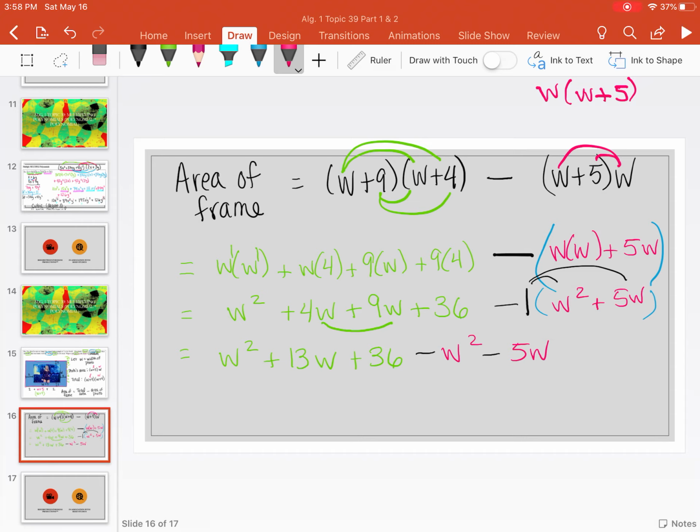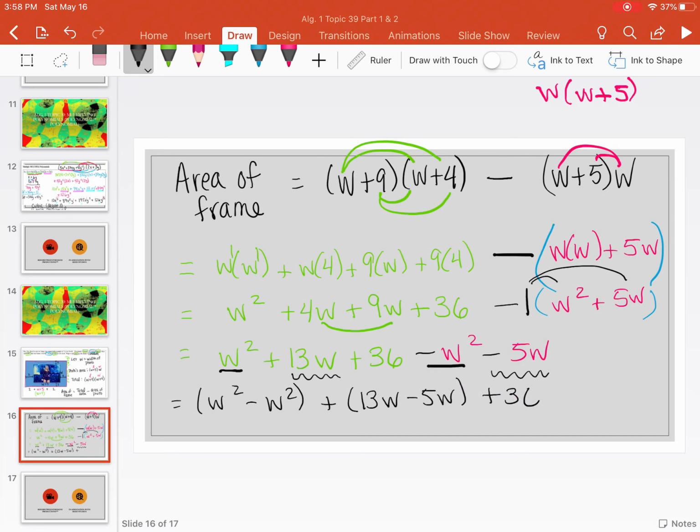Now I can combine my like terms. I have W squared and negative W squared, and then I also have 13W and negative 5W. W squared minus W squared plus 13W minus 5W plus 36.